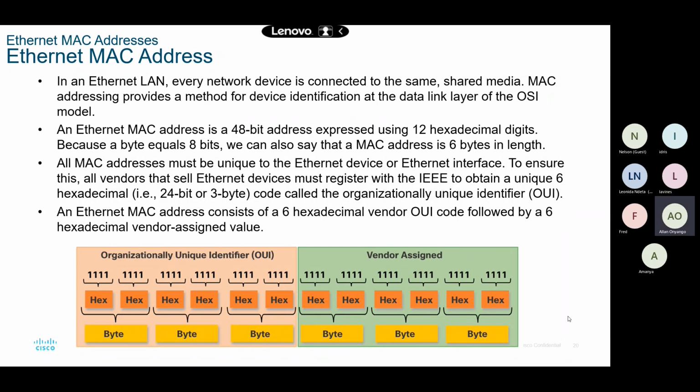So let's see what happens. A MAC address is made up of 12 hexadecimal numbers, as we have seen for my computer.